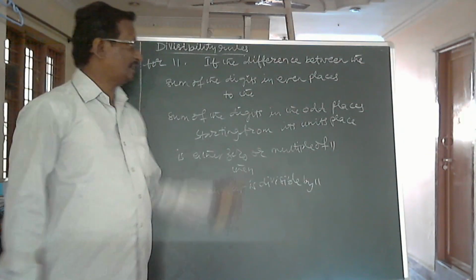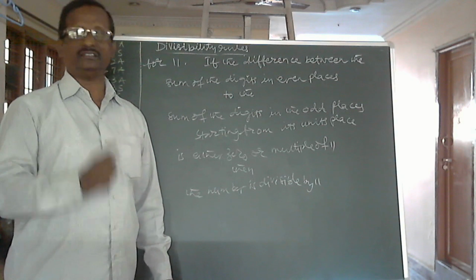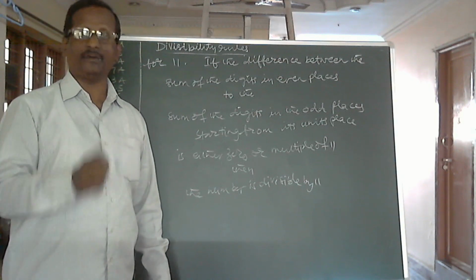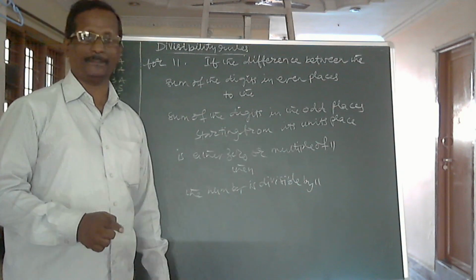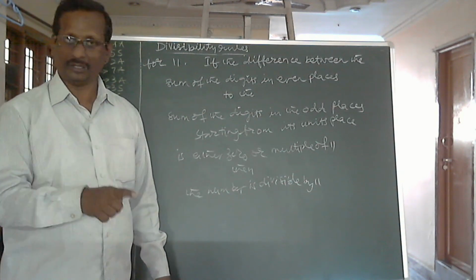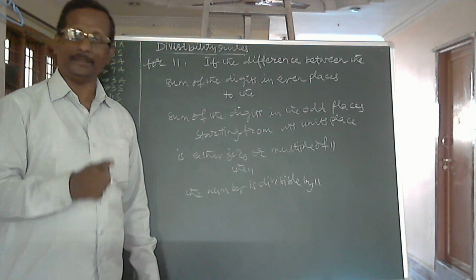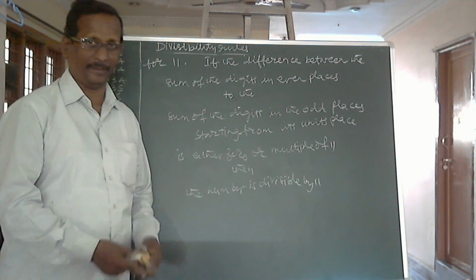The difference between the sum of the digits in even places and the sum of the digits in odd places, right from the units place, is either 0 or a multiple of 11, then the number is divisible by 11.